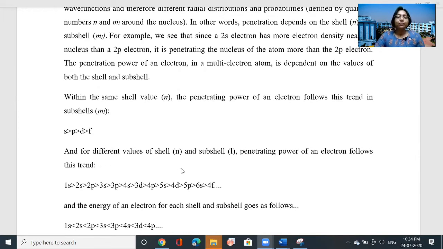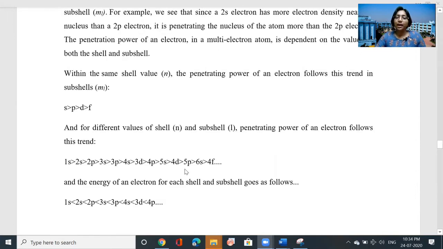And for different values of the shell n and subshell l, the penetrating power of an electron follows the following trend: 1s greater than 2s greater than 2p greater than 3s greater than 3p greater than 4s, 3d, 4p, 5s, in this way.